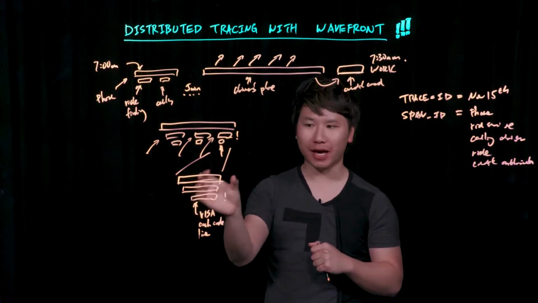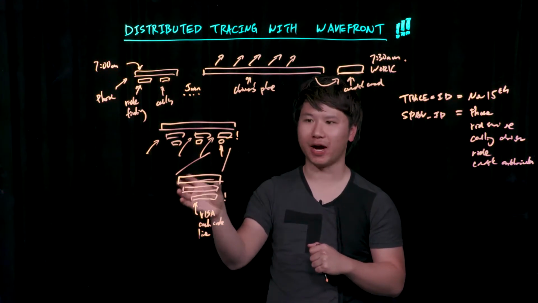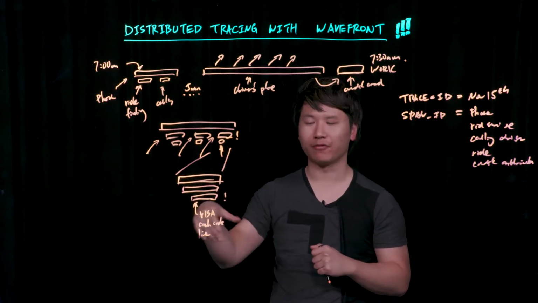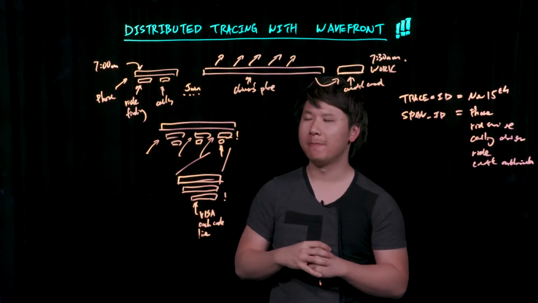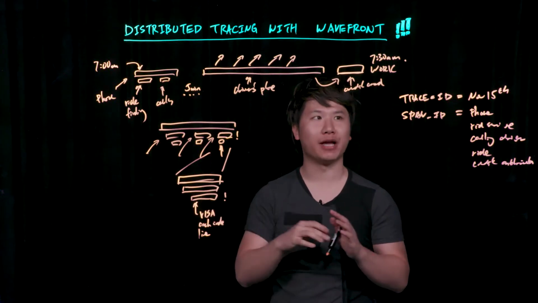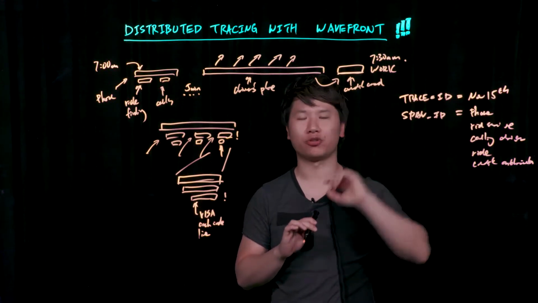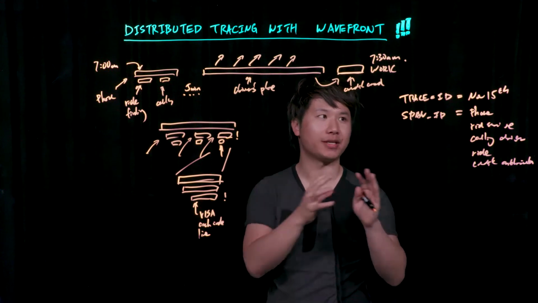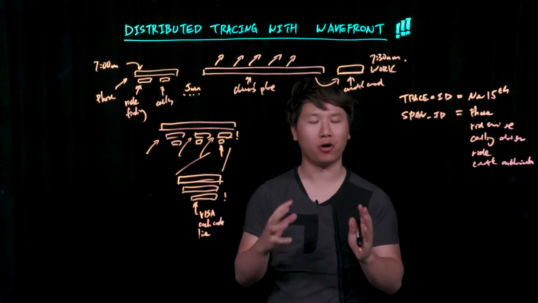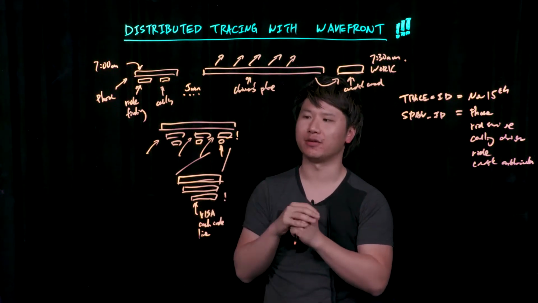And you could emit that through the interfaces that we provide, either directly emitting it to Wavefront or through OpenTracing, through OpenCensus. And we'll gather all of that up. And again, remember, as long as it has a trace ID, then we could group all of that together so that you can see the results.